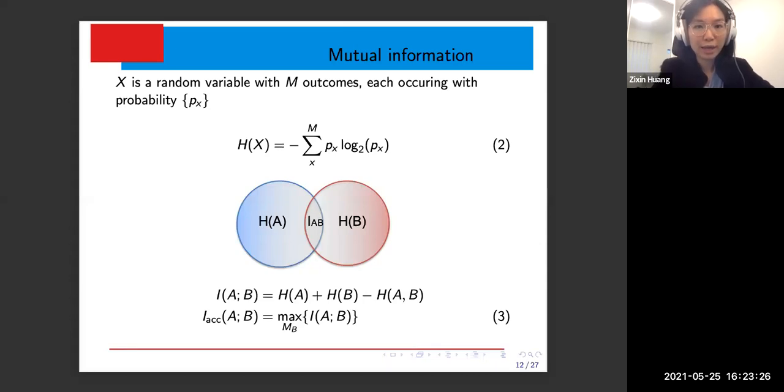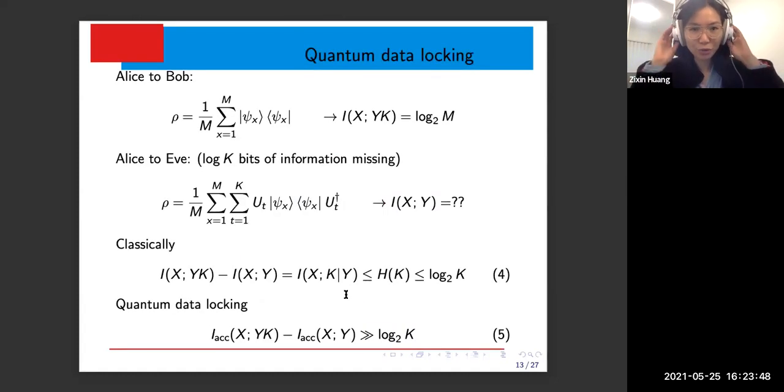Right, okay. And the accessible information is defined as the maximization over the mutual information of these 2 variables. So did I confuse anybody? Okay. Speak now or forever hold your peace.